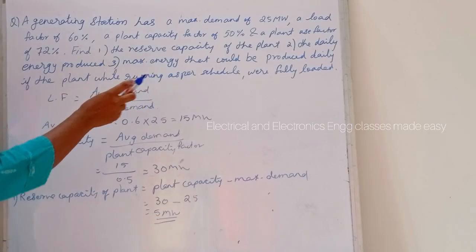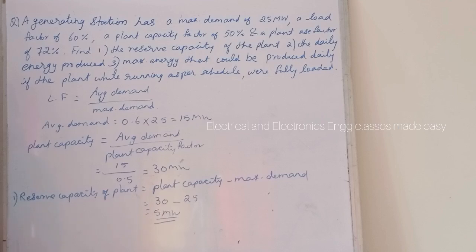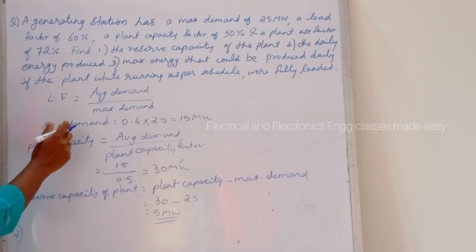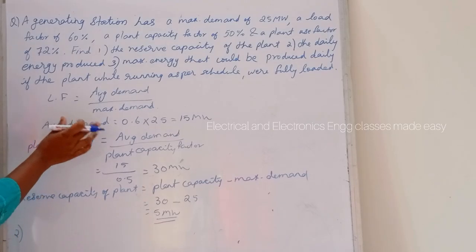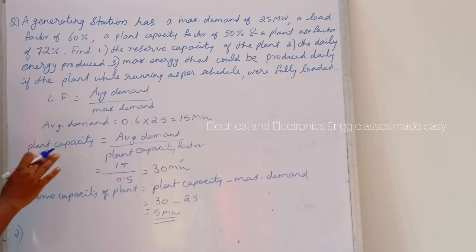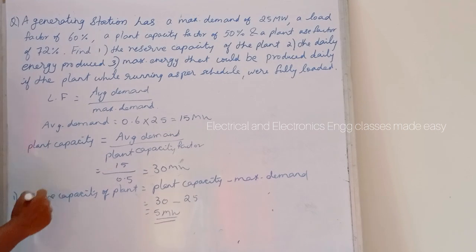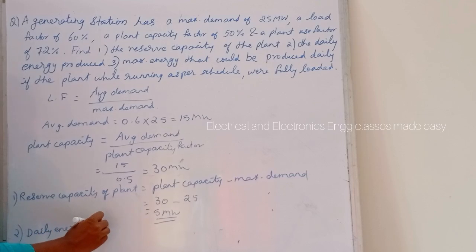Next question is the daily energy produced. To find the daily energy produced, we have average demand, that is, average demand is energy produced divided by hours of use. So we can find daily energy produced equal to average demand into hours.